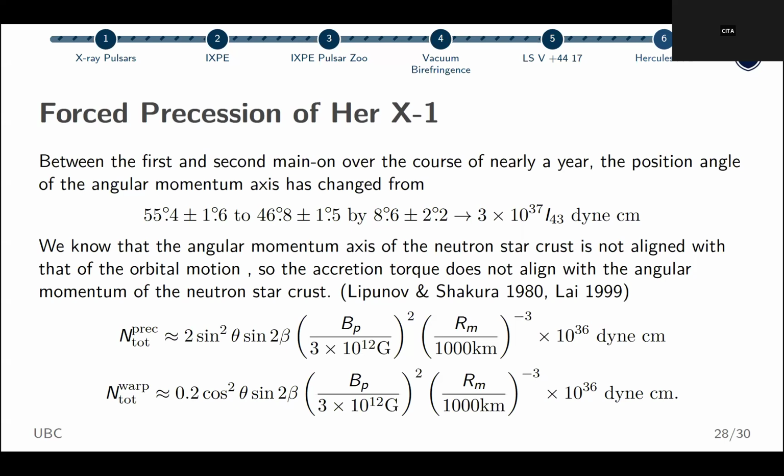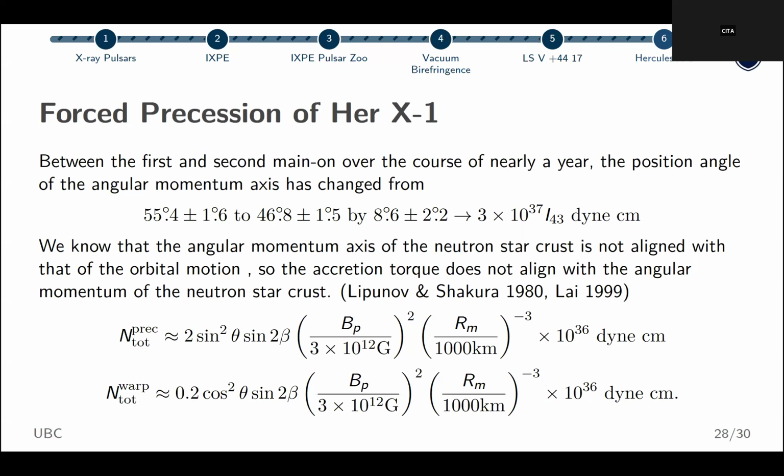The second one is the warp, which you can see also depends on the angle between the magnetic axis of the star and its spin axis, which varies on a 35-day time scale. So quite naturally, we're going to drive a warp also on that 35-day time scale.